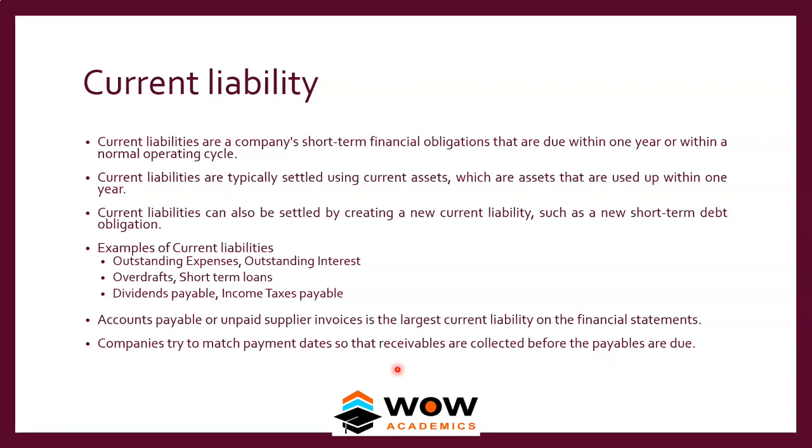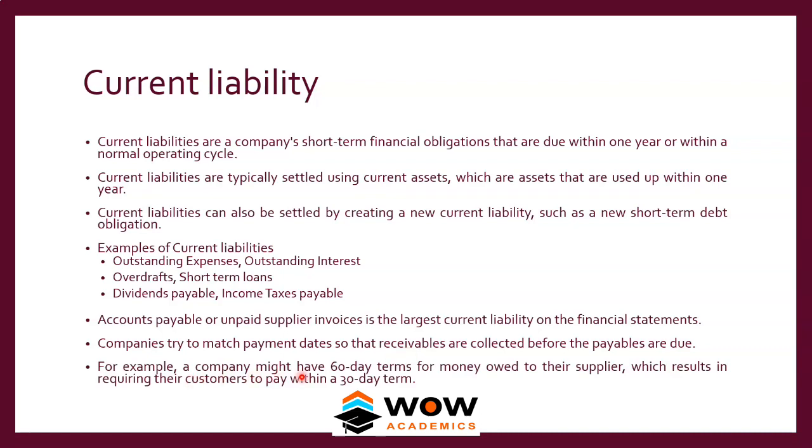So you sell the items and get the receivable in 10 days' time, and you make the payment to your suppliers in 15 days' time. So you are using the creditors' money, but you are also encouraging your customers to buy on credit. This is what usually companies do.